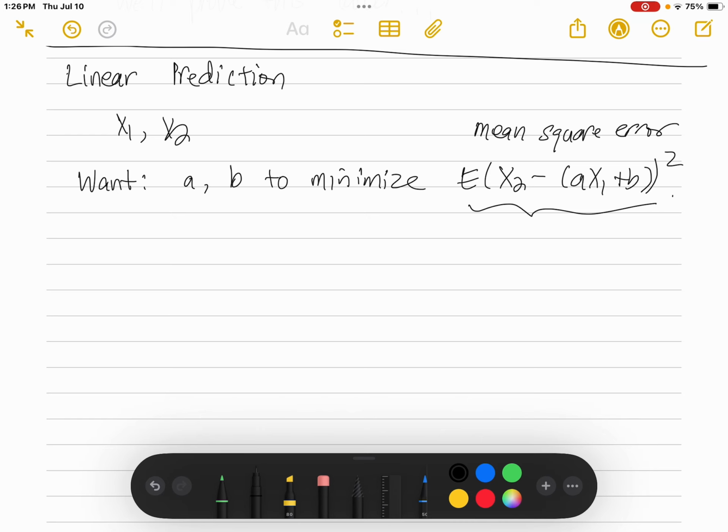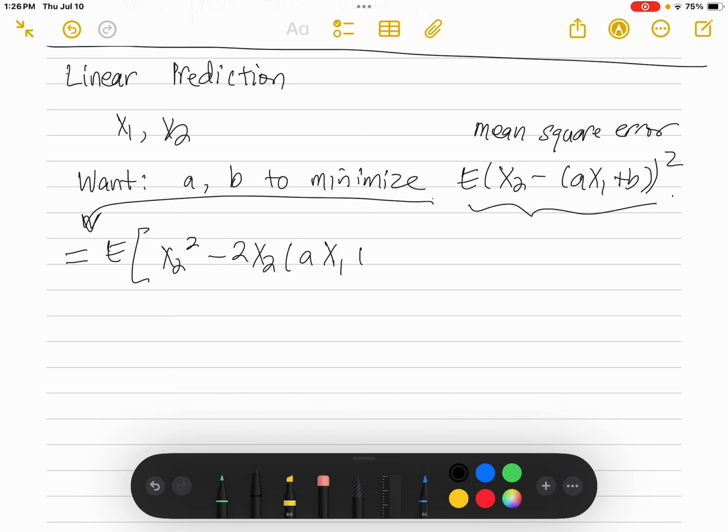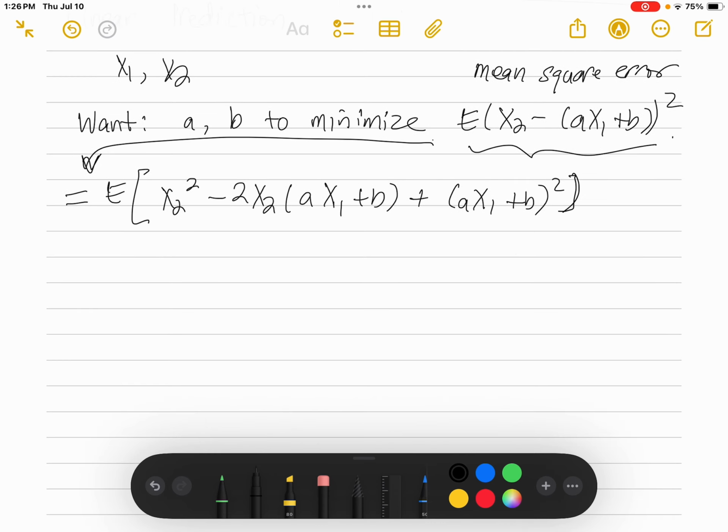You distribute all of this out. This thing is equal to the expectation of x2 squared minus 2 x2 times (a x1 plus b) plus (a x1 plus b) squared. This is not complicated, so I'm not going to go over it in detail. You just expand the inside.